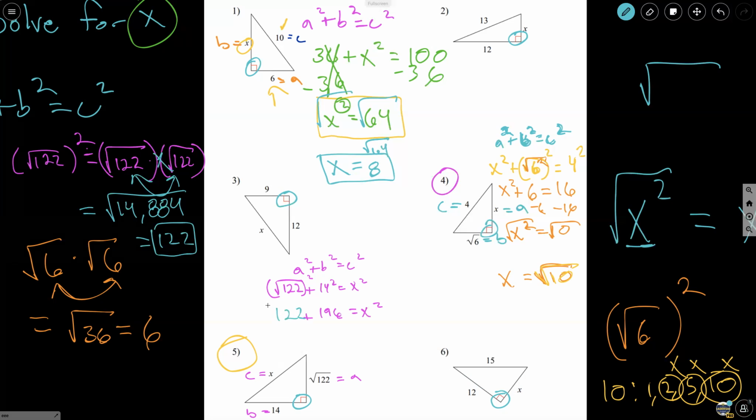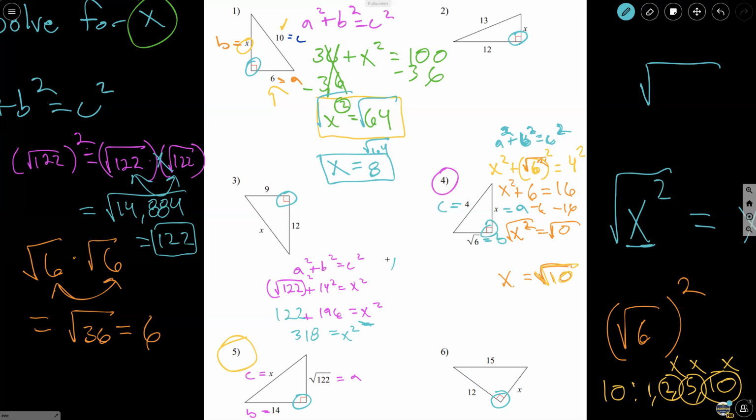All right. So we got x squared. We want to solve for x, so we want to keep this on this side because it's already by itself. So we got 122 plus 196. That's going to give me 318 equals x squared. All right. 122 plus 196, that gives me 318 equals x squared.